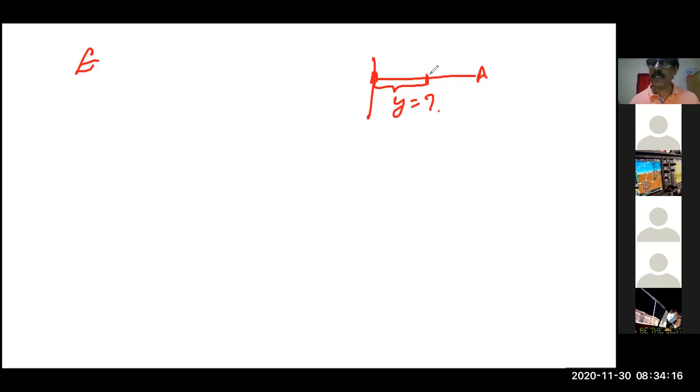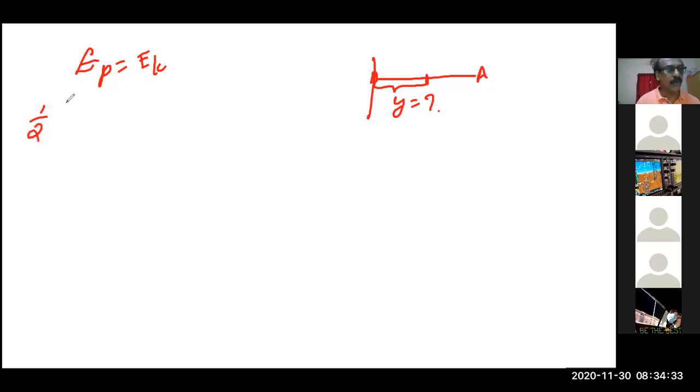That means out of total energy, 50% kinetic, 50% potential, which means EP must be equal to EK.